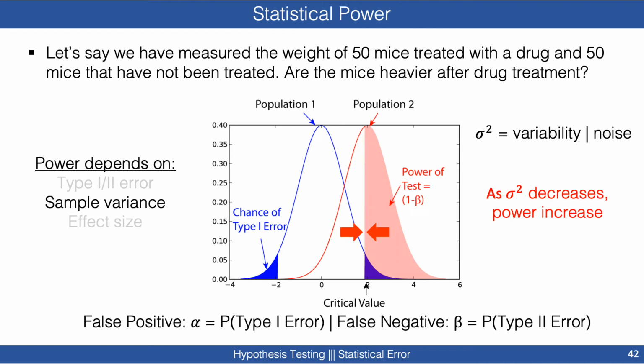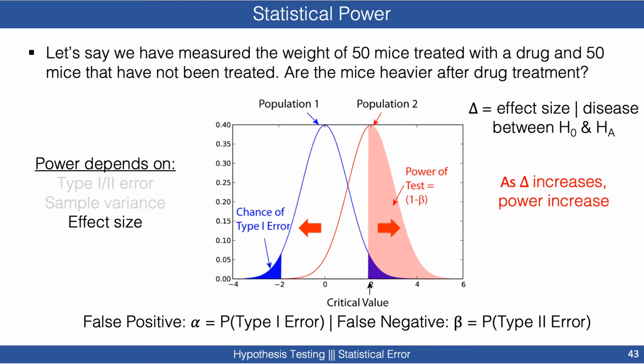So the variability in the data greatly decreases your power to detect. They are inversely correlated. Similarly, the effect size is another factor that dramatically affects your power. The greater the difference between the two populations, the greater your power, and the lesser your difference, the more difficult it will be to reject the null hypothesis in an experiment.